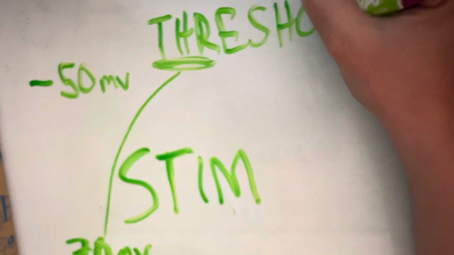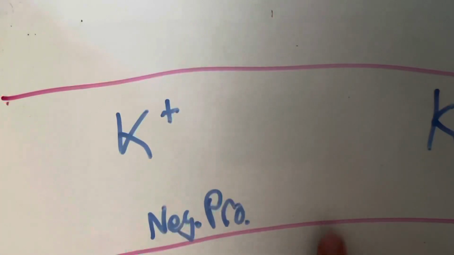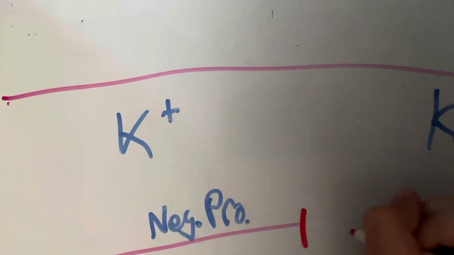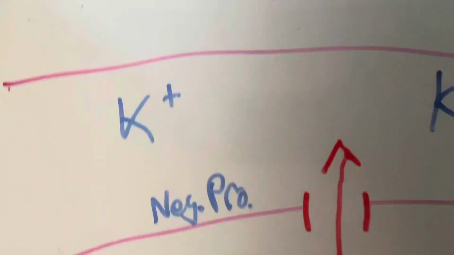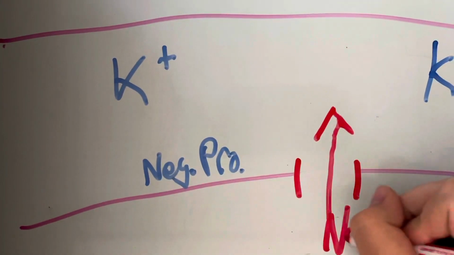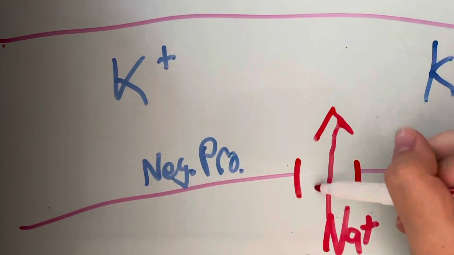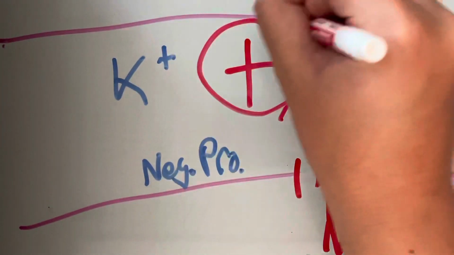known as the threshold. Once the threshold is reached, a previously closed sodium channel will open up and let in all of the sodium that was previously on the outside of the axon, making the neuron positively charged, or rather depolarized.